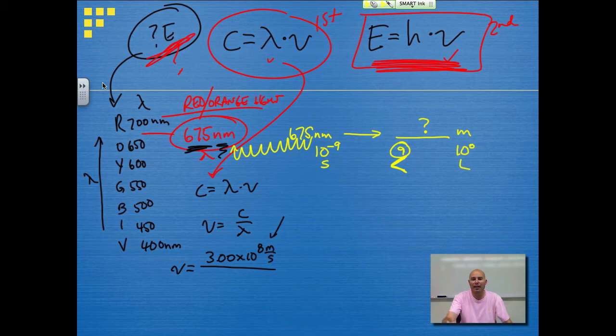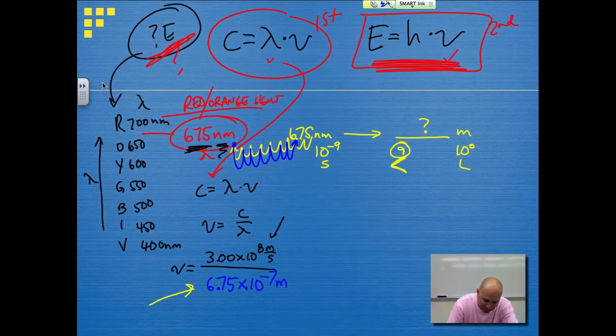Now, if you want to write 0.000, you can do that. I'd rather write it in scientific notation. Here's my decimal right here. I'm going to now go 1, 2, 3, 4, 5, 6, 7. Notice that when I come back to write it as 6.75 times 10 to the -7 meters.